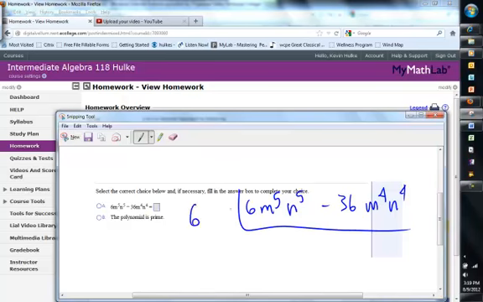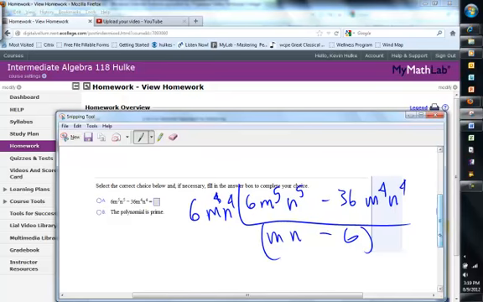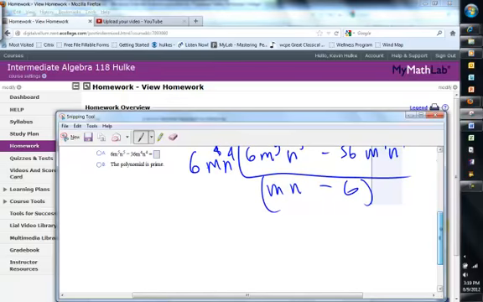Take a 6m to the 4th n to the 4th out of both of them. You're left with mn minus 6, which you can't factor any more than that. So that is our factored form.